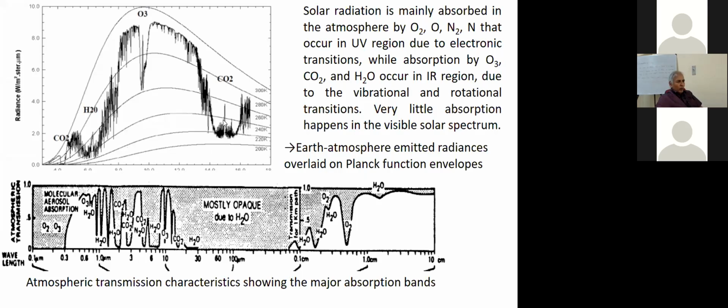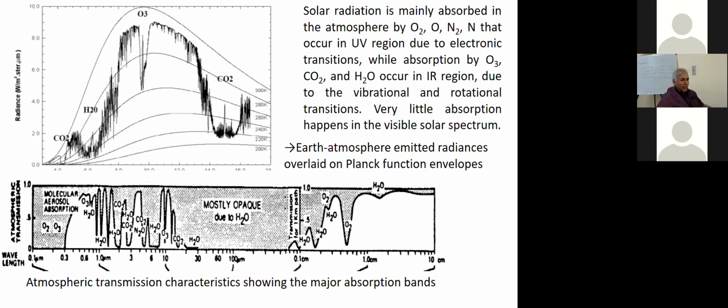At 15 micrometer you have absorption by CO2. So these are the three main absorption lines: ozone at 9.6 micrometer, CO2 at 15 micrometer, and water vapor at 6.3 micrometer. These are the main absorption by the constituent gases for the infrared part of the spectrum.